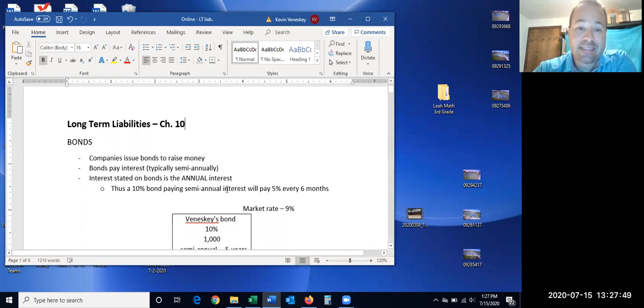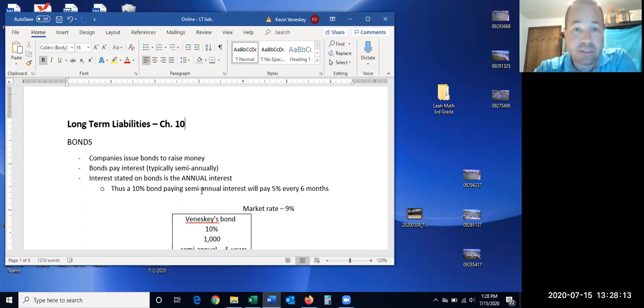Now, just because it says an annual rate, most bonds pay semi-annual interest though. So what that means is if your bond says 10%, but it's a semi-annual bond, just think of the formula I equals PRT. I equals, remember we did that just last time, principal times rate times time.